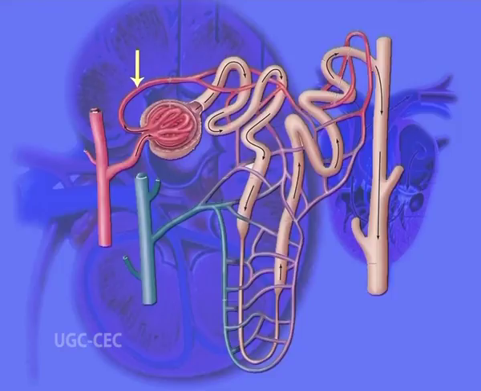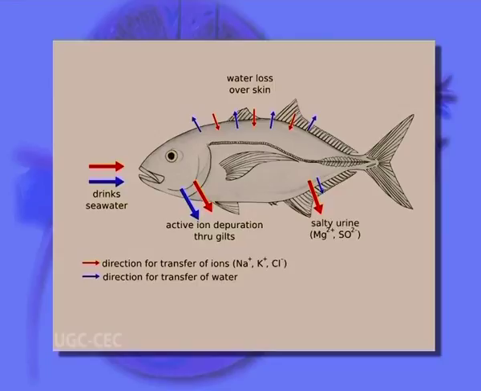An efferent glomerular arteriole emerges out of this glomerulus to join the capillary network surrounding the tubule.